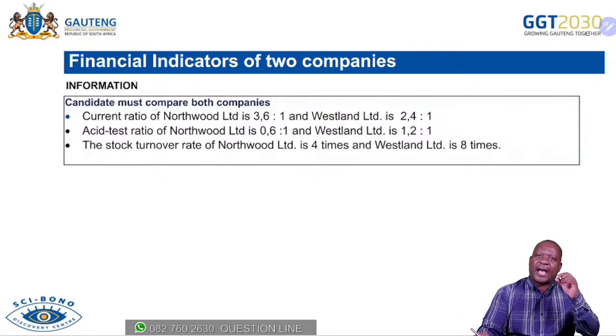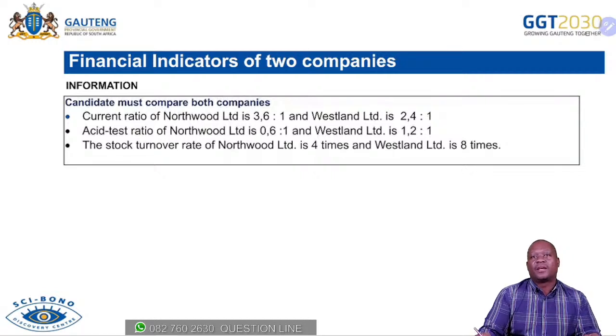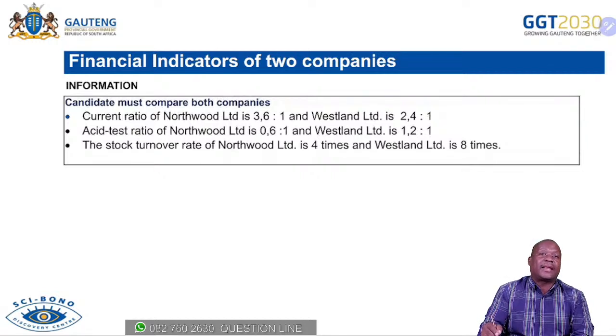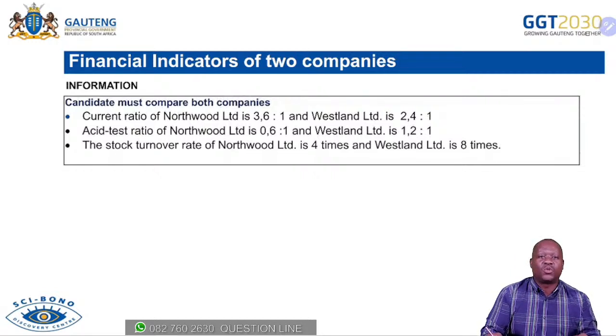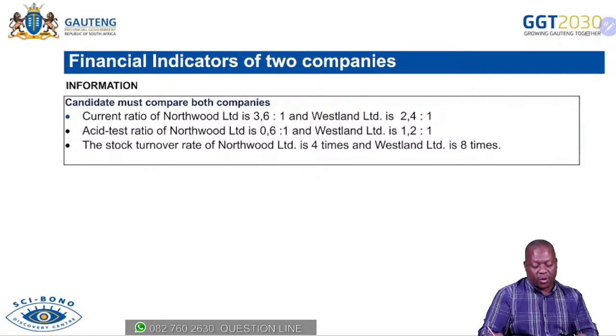Now, when it comes to the acid test ratio on its own, it means Westland Limited is able to pay off its current liabilities without tapping into its inventories, without selling inventories. And then we go to the stock turnover rate.